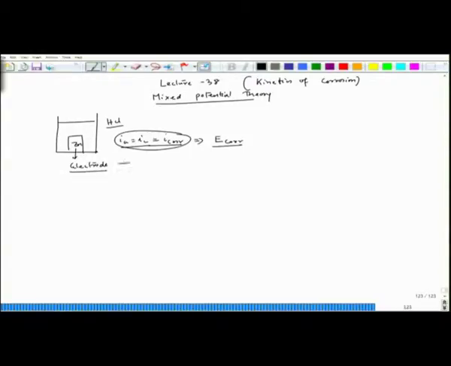On top you have the cathodic as well as the anodic reaction: Zn minus 2e equals Zn2+, and 2H+ plus 2e equals H2. So this leads to one redox reaction, which is Zn plus 2H+ equals Zn2+ plus H2.